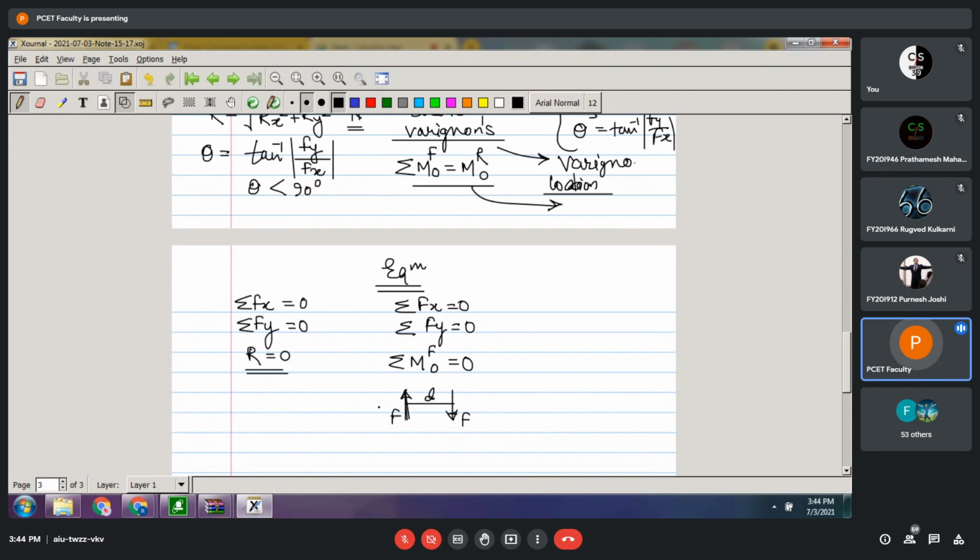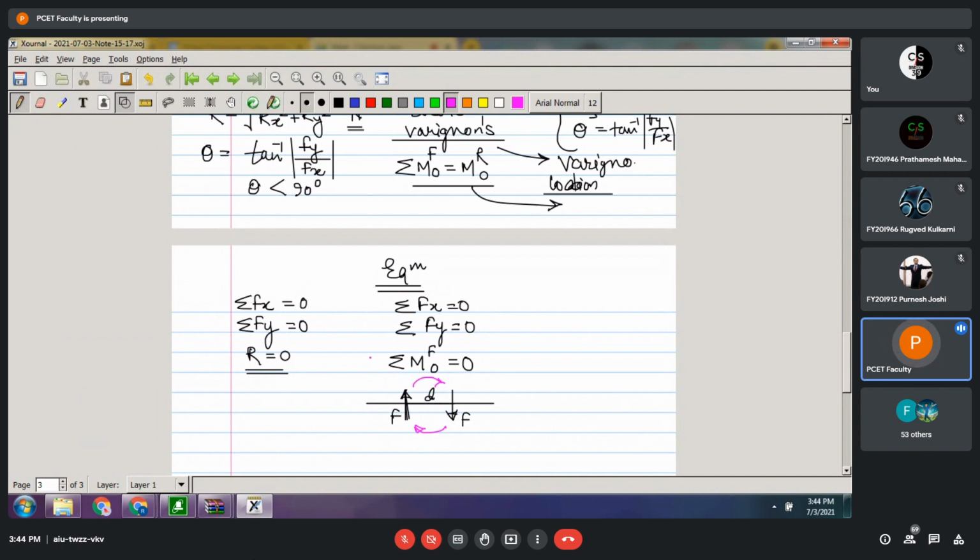Because of this, my body or member will not have a tendency to remain stable, because upward F is cancelling downward F. Translational effect is 0, but because of this kind of couple, there will be chances of rotation about the third perpendicular axis in the system. So I need to check for this.